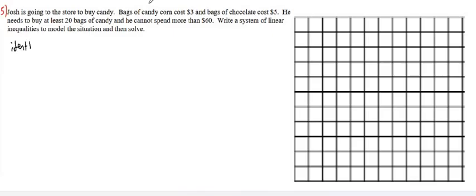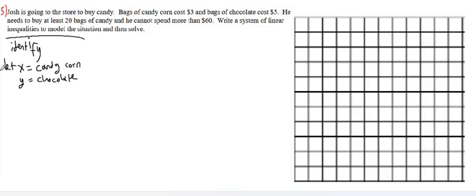First, we need to identify the variables. Let x be equal to bags of candy corn, and let y be equal to bags of chocolate. So we're good with variables. Now we need a number equation and a cost equation.